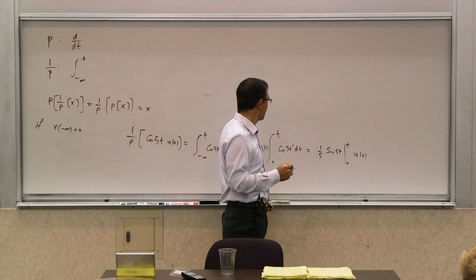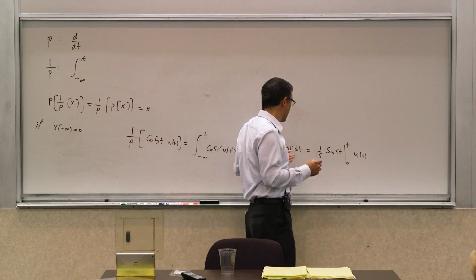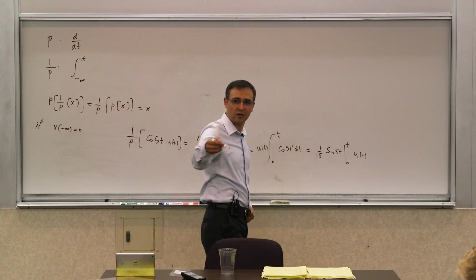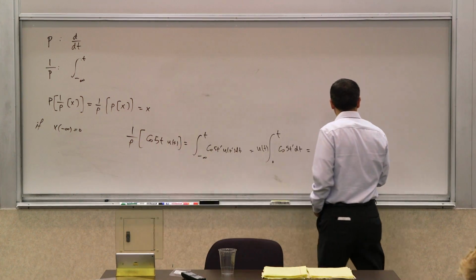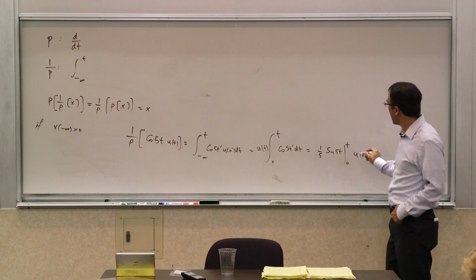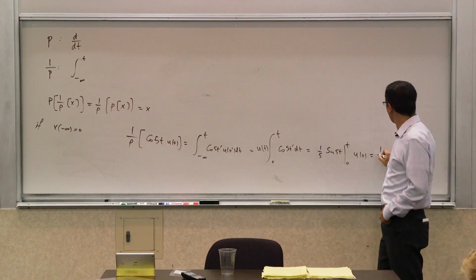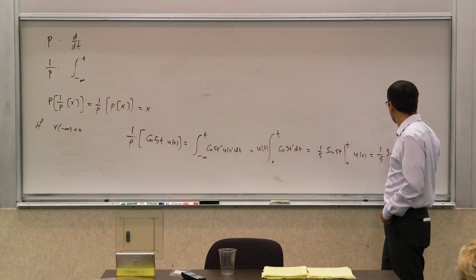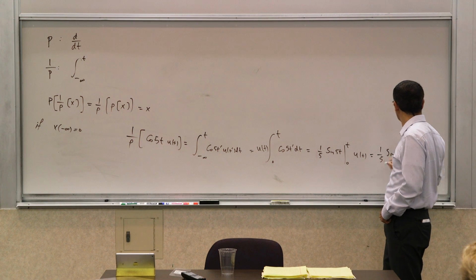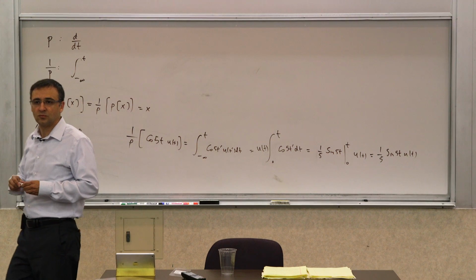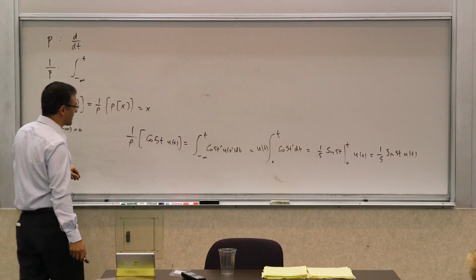There's no negative, it's positive. So cosine, yes, the derivative of sine is cosine. Sine goes to cosine goes to minus sine. Yes. So now, since sine of 0 is 0, it's going to be 1/5 sine of 5t u of t. So that's an example, very simple, basic example.